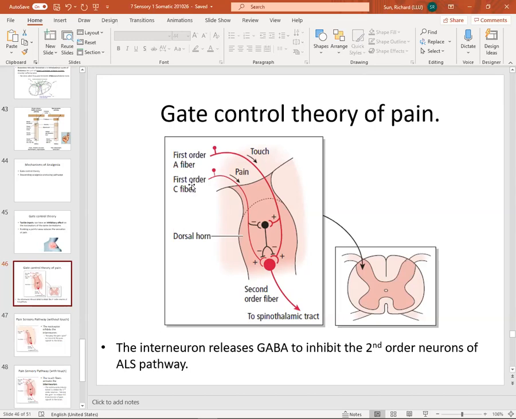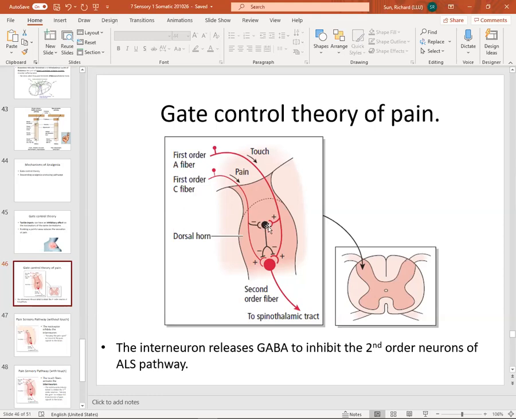We will also have this pain signal. The pain signal will have the second order neuron right here. Then this one will move across through the spinothalamic tract to the opposite side into the brain, right?